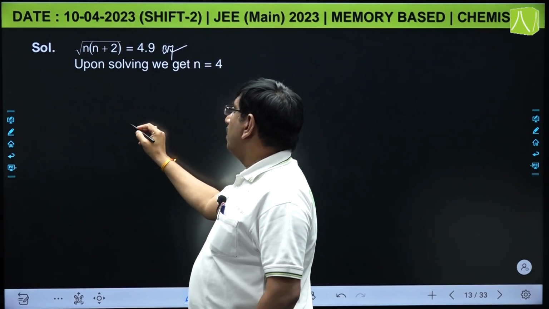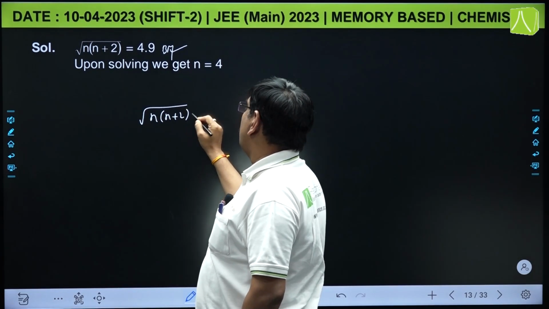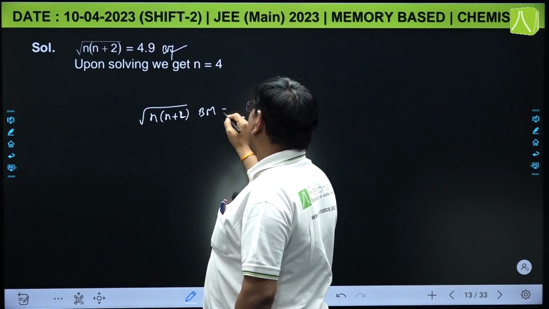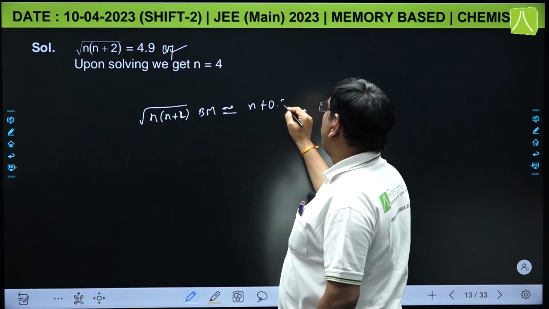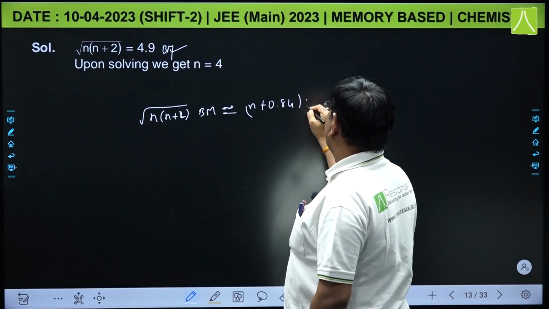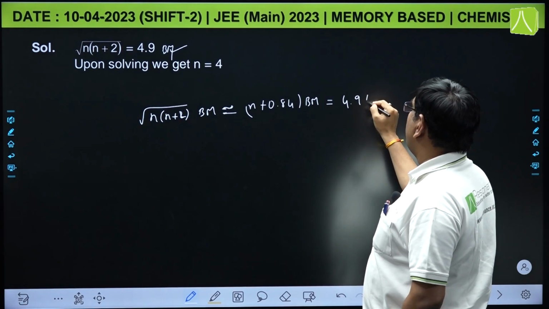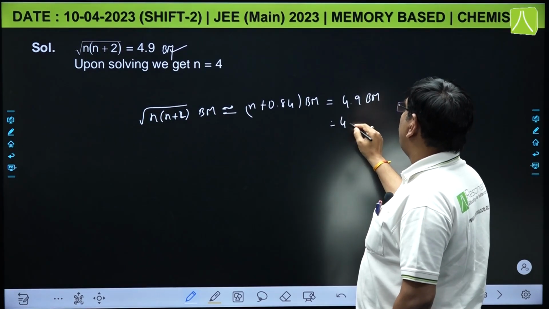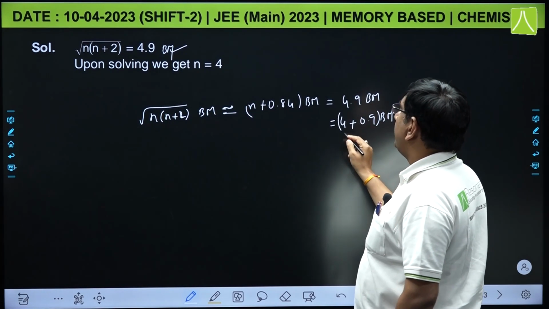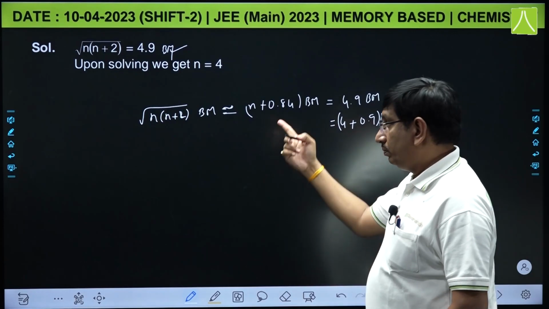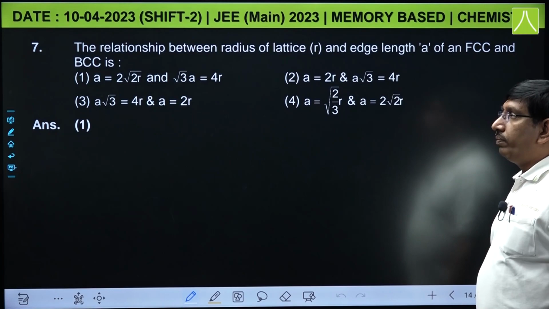It can also be approximated as n + 0.84 BM, which equals 4.9 BM, so you can write it as 4 + 0.9 BM. That means the n value can be 4. So, on solving this, you get the number of unpaired electrons as 4.